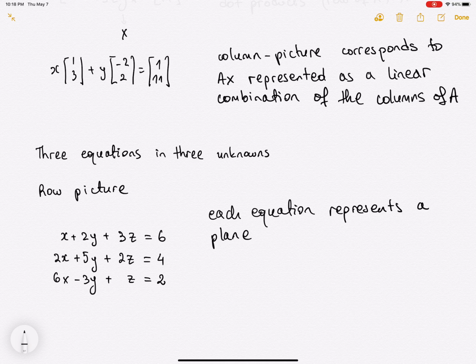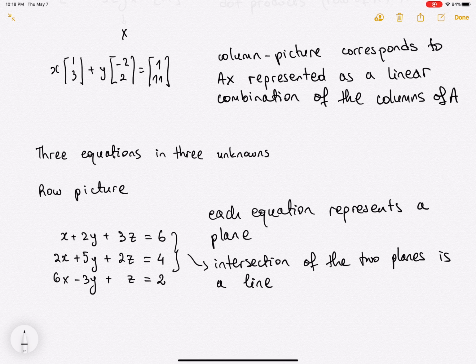So the intersection of the two planes is a line. And if we take the intersection of that line with the third plane, the intersection of a plane and a line is a point.